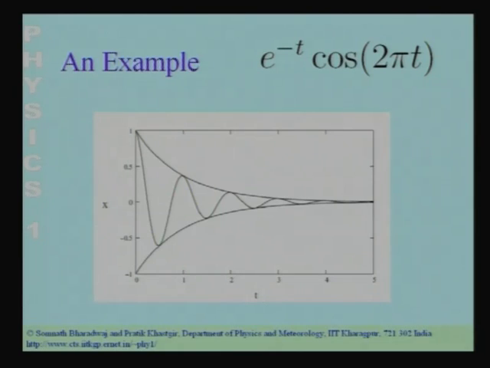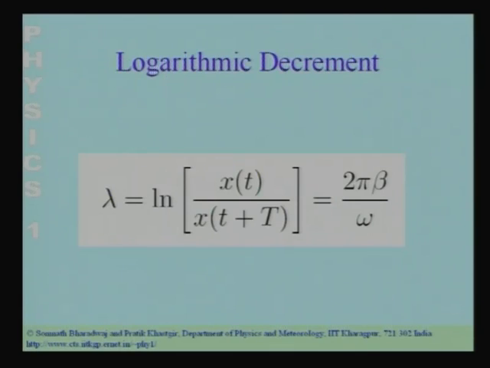The logarithmic decrement is a measure of how much the amplitude falls in one oscillation. So, the logarithmic decrement is a measure of how much the amplitude falls in one period of the oscillation. So, you should take the amplitude at a time t. This is x as a function of t, the amplitude at a time t.